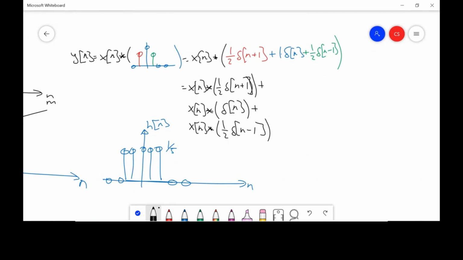Let us make x of n like this, but this is easy to draw. This is x of n. This is n. Let's say this is 1, this is -1, just to make easy numbers.